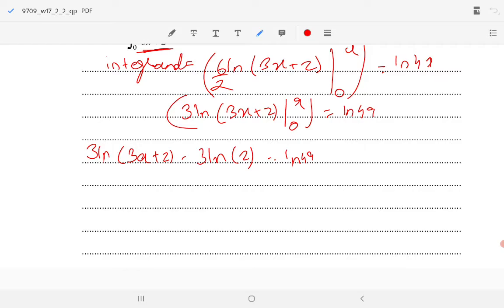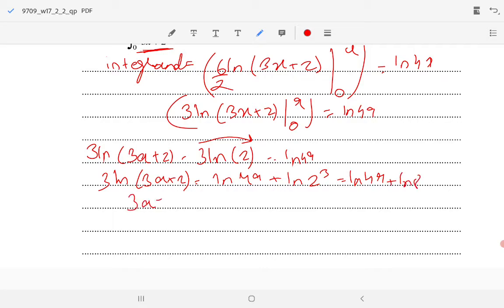Well, we have 3 ln 3a plus 2 is equal to ln 49 plus ln 2 cube, using properties of logarithms, which is equal to ln 49 plus ln 8.